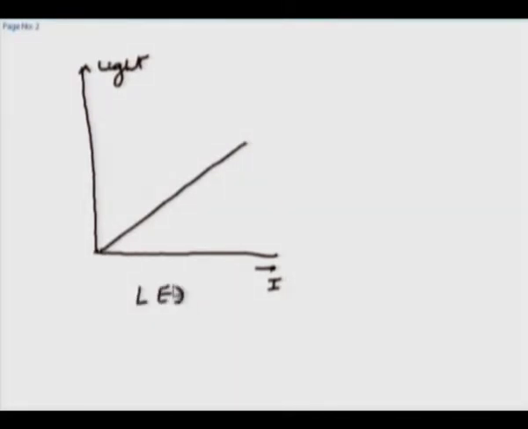Now, what we have here is the current versus light characteristic of an LED, which is almost linear.